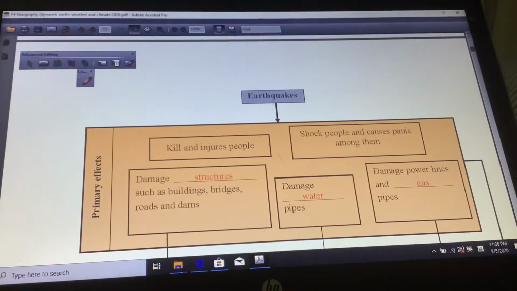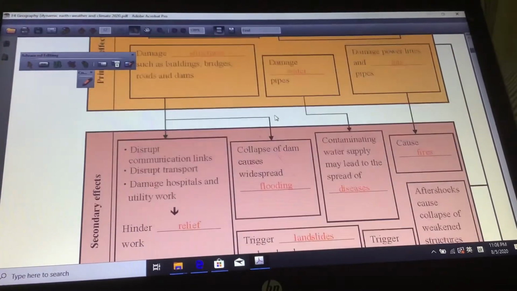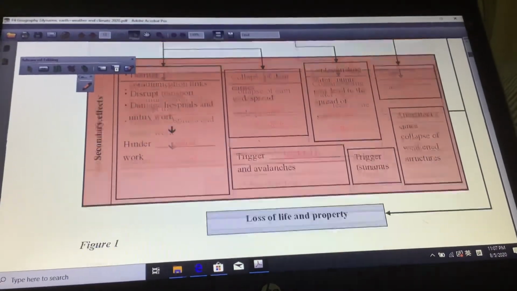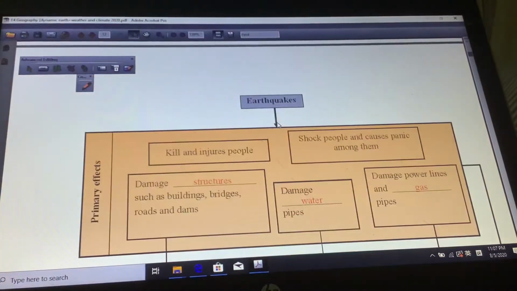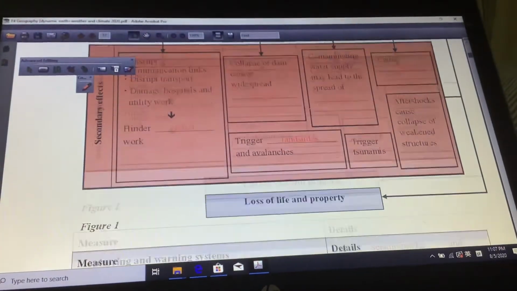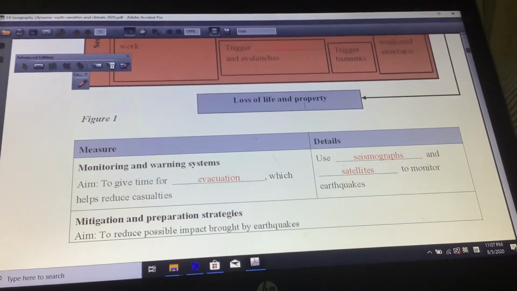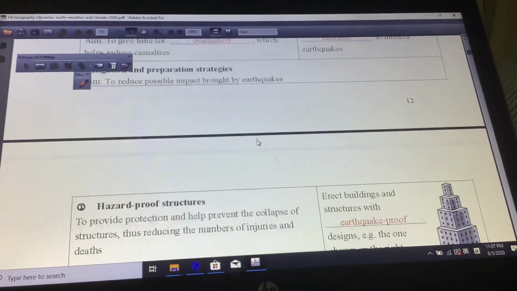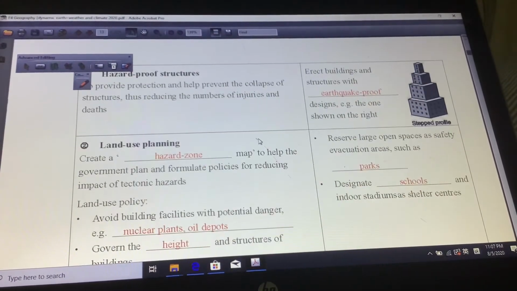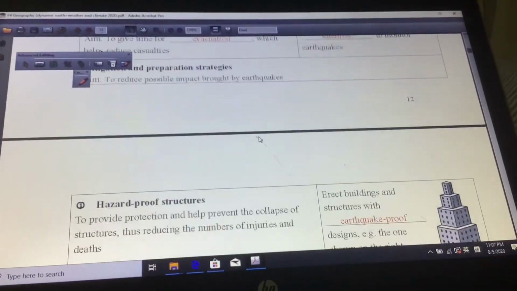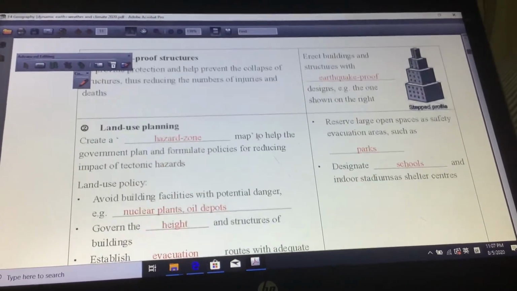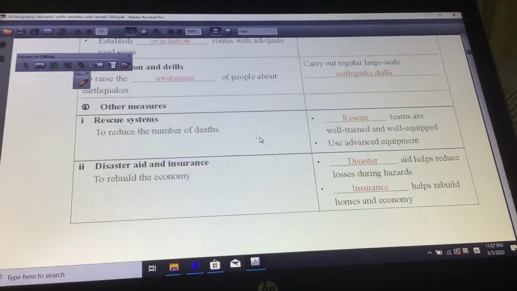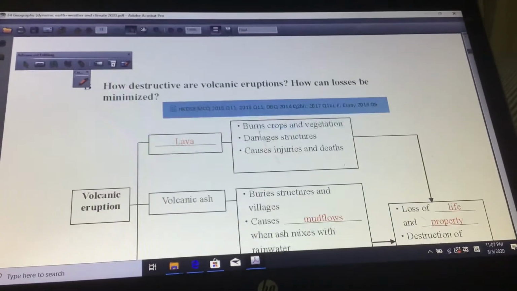Finally, you can see the differences between the impacts of different tectonic hazards. For example, for earthquakes we have this kind of impact, then the measure, and the evaluation itself is also important. Every measure is well packed with the evaluation.